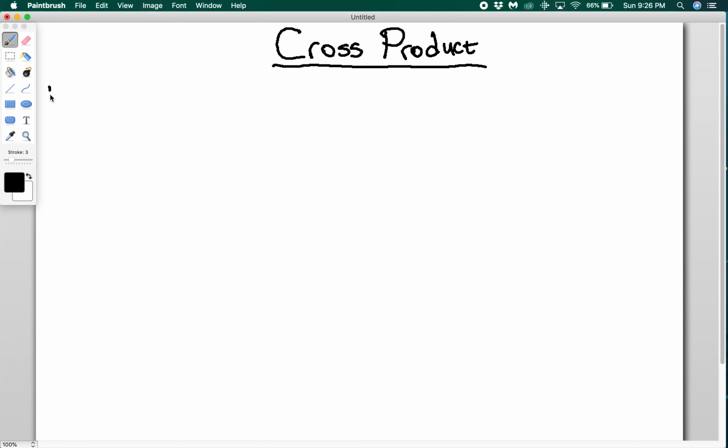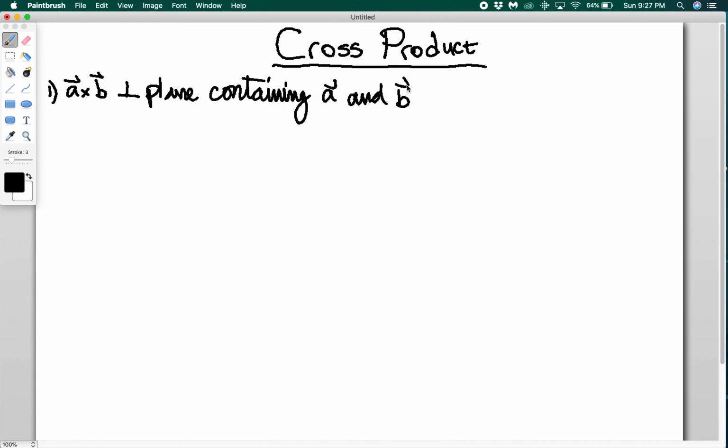So the cross product has a couple of properties, and I'm just going to write them out. The first property is that A cross B is going to be perpendicular to the plane containing vector A and B. So if I take vector A and vector B and I cross them, what I'm going to get is a vector that is perpendicular to both of them. 2, the magnitude of A cross B, and we'll look at this in a sec, is going to be equal to the magnitude of A times the magnitude of B times the sine of the angle between them.